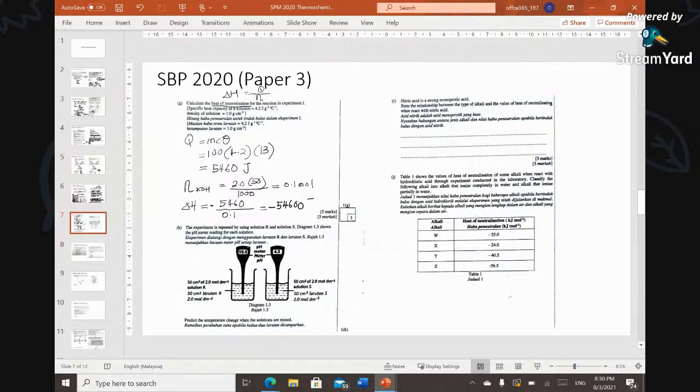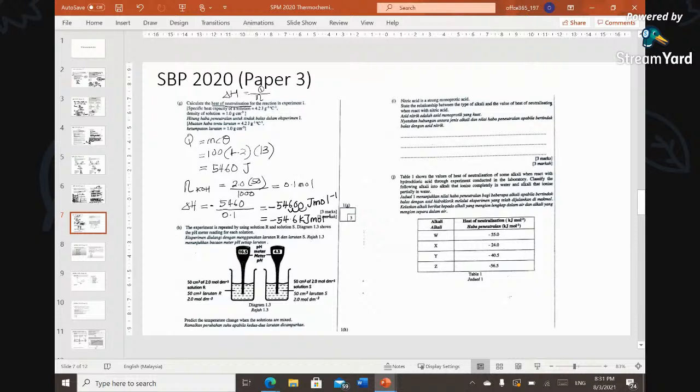Joule per mole, that is good enough. If you want to convert it to kilojoule, divide by 1000, and you will get negative 54.6 kilojoule per mole.